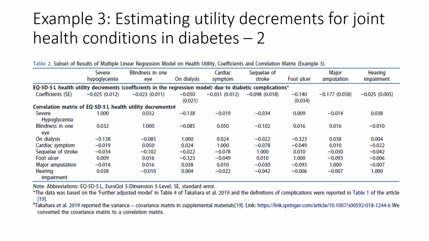The correlation matrix is presented in Table 2. The correlation coefficient of utility decrement was -0.323 between the on dialysis and foot ulcer health states. The absolute values of all other correlation coefficients were less than 0.2.